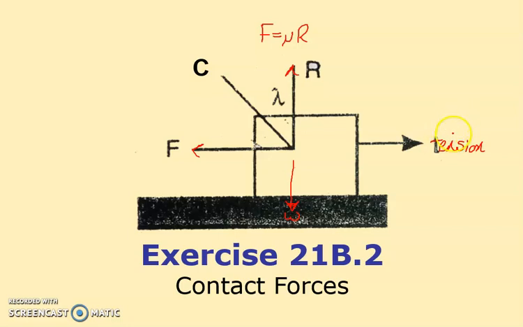And I suppose that's all very well and good, and this F equals mu R is a very important equation to use, assuming that we've overcome the minimum amount required to make it move. Then this is what we get. And what we're doing today is looking at that again, but also notice we've got this C. And this C is what we'd call the resultant contact force.